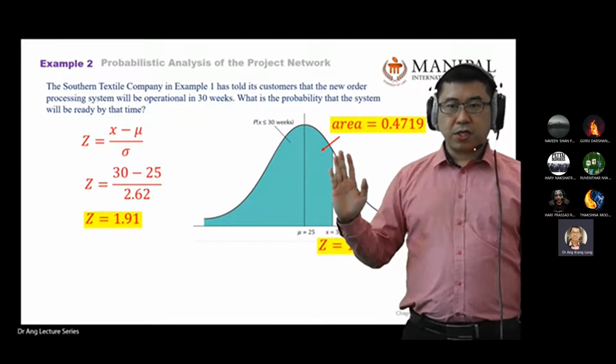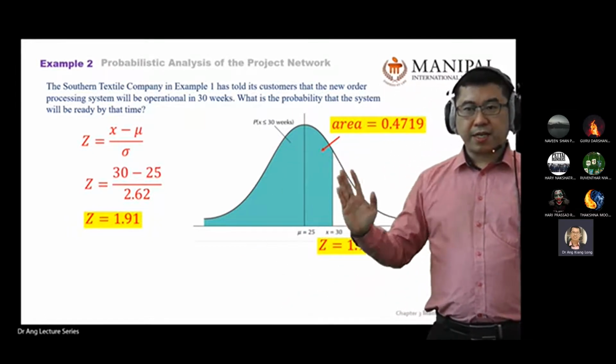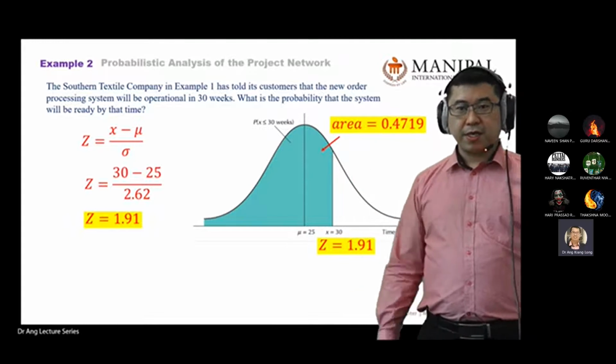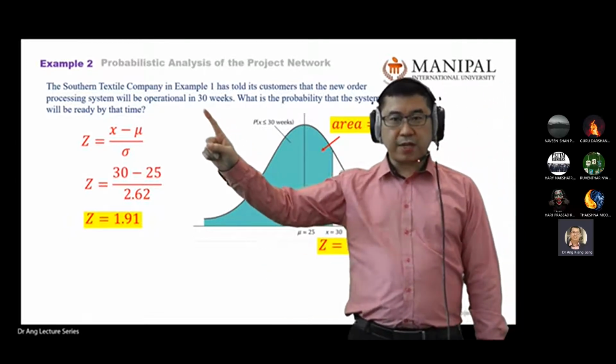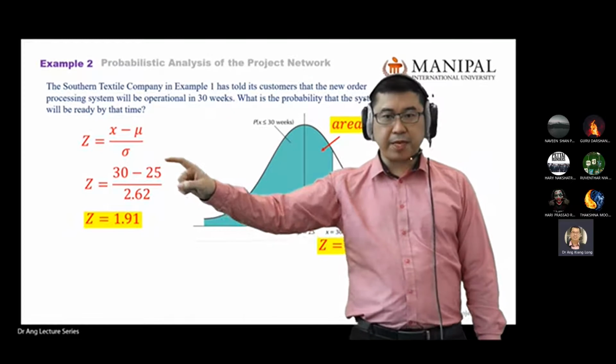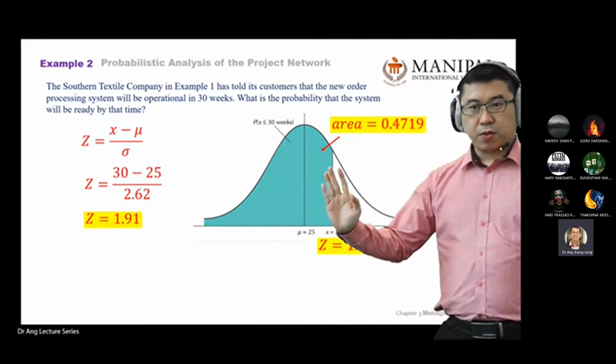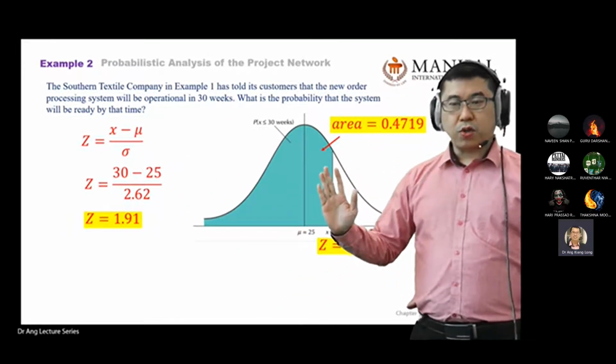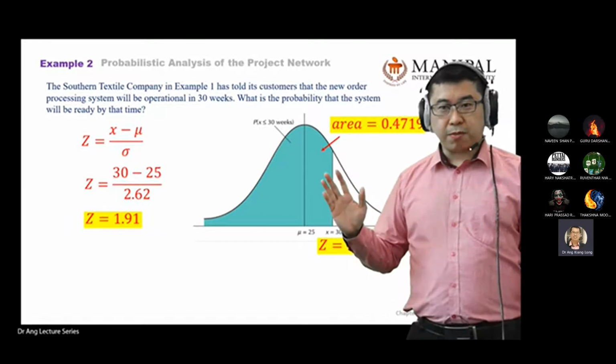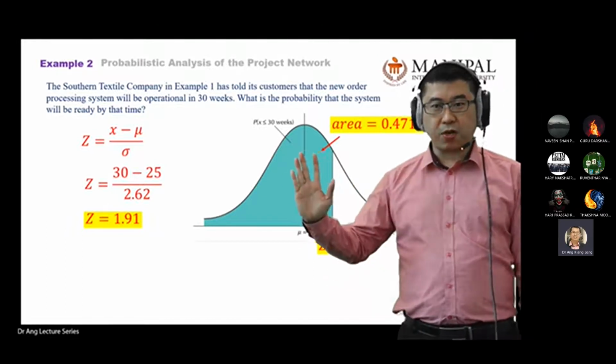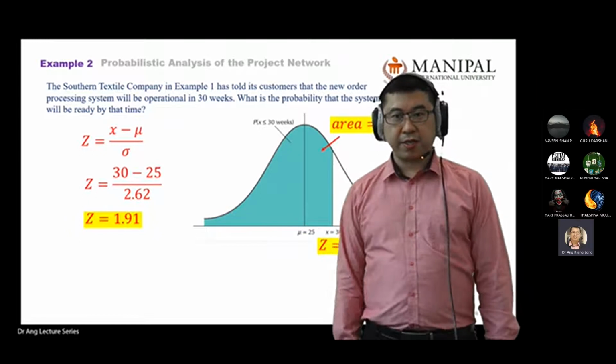Okay, so if your line comes to this place and it asks you more than 30 weeks, meaning more than your mean number, you know that the project will finish more than 50%, right? So you need to include another 50% over here.